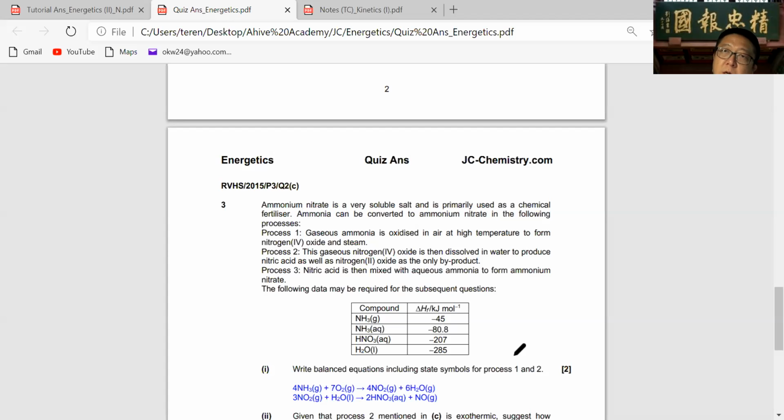All the rest of the gases in the air are not capable of oxidizing ammonia. So don't worry about nitrogen, argon, all these unreactive gases. Then process 2, same thing: nitrogen 4 oxide dissolves to form your nitric acid.